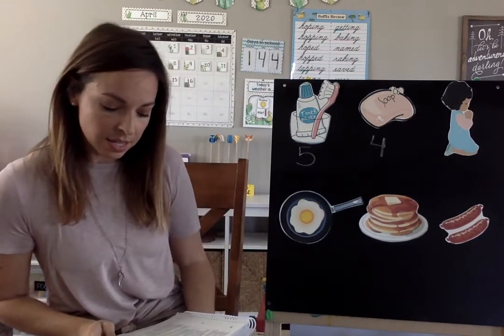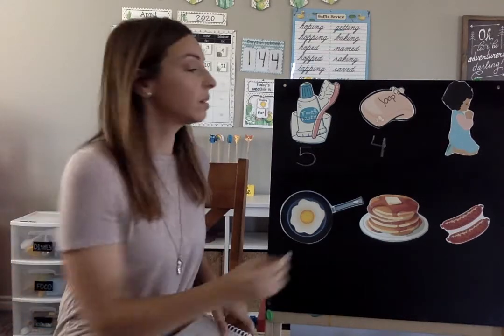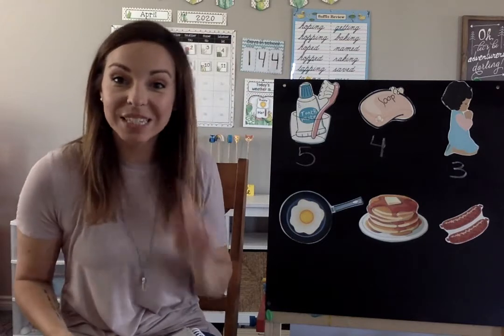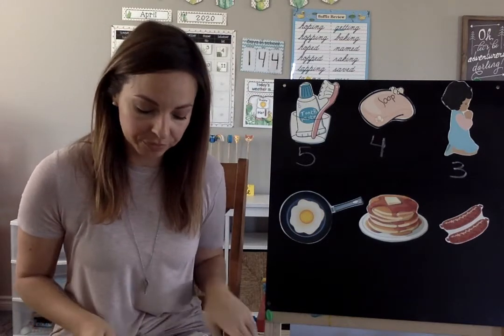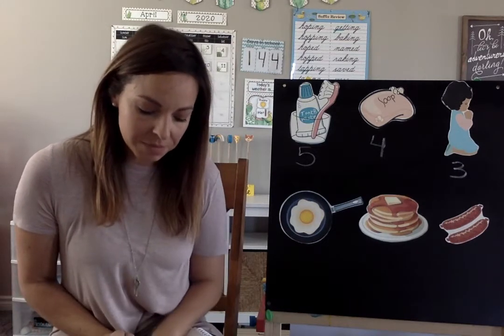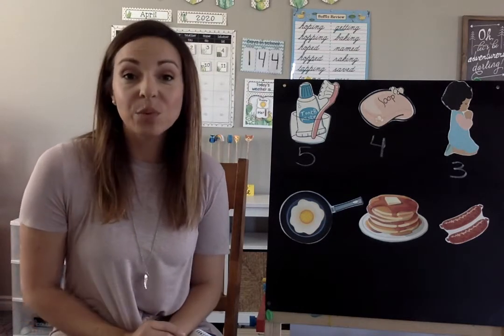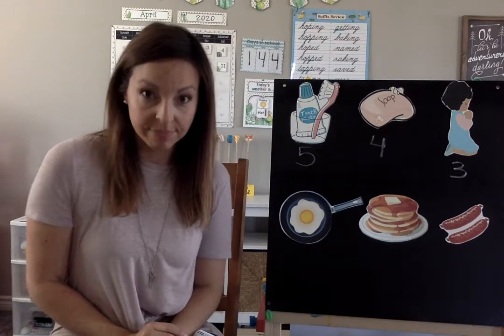And 3 minutes to say her prayers. So we're going to write a 3 here. Now listen closely to what they want you to figure out. How many minutes did Tanya spend brushing her teeth and washing her face?